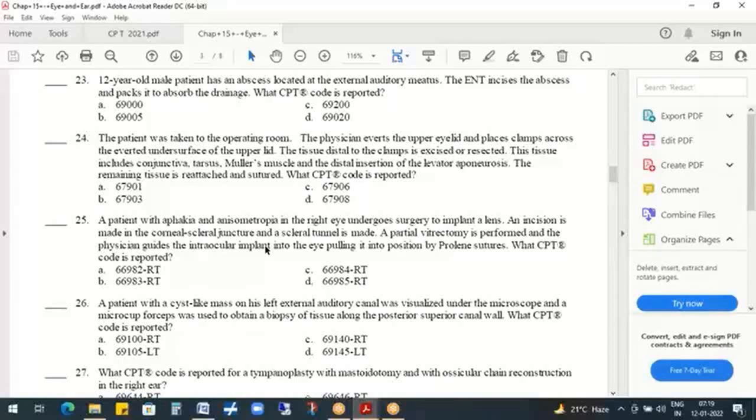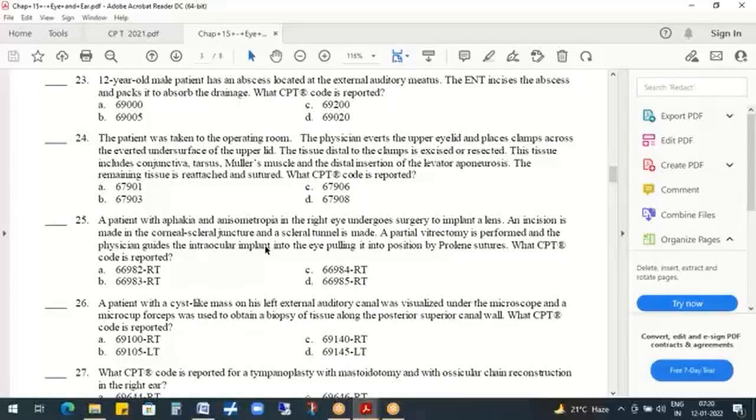Extracapsular cataract removal with insertion of intraocular lens prosthesis, one-stage procedure, manual or mechanical technique, without endoscopic cyclophotocoagulation. Now 985, with endoscopic cyclophotocoagulation. 985: insertion of intraocular lens prosthesis not associated with concurrent cataract removal.